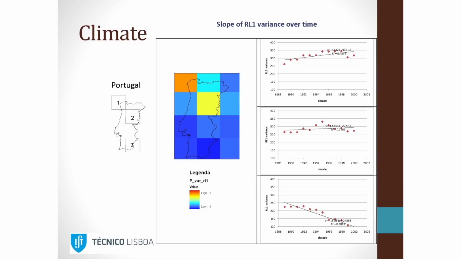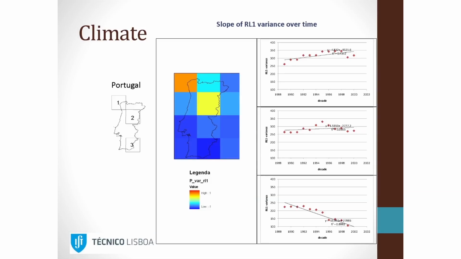What we concluded was that the variance was changing depending on the aridity of the location. In the areas which are more susceptible, the variance was decreasing. In these places, the variance was increasing. And here in the middle, we had no changes in the variance.